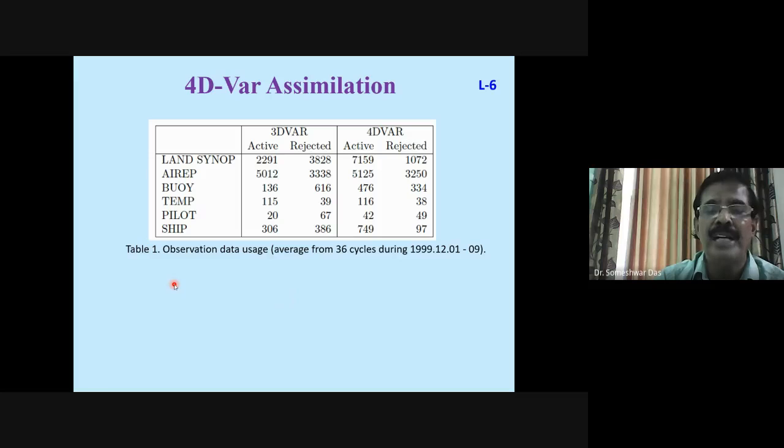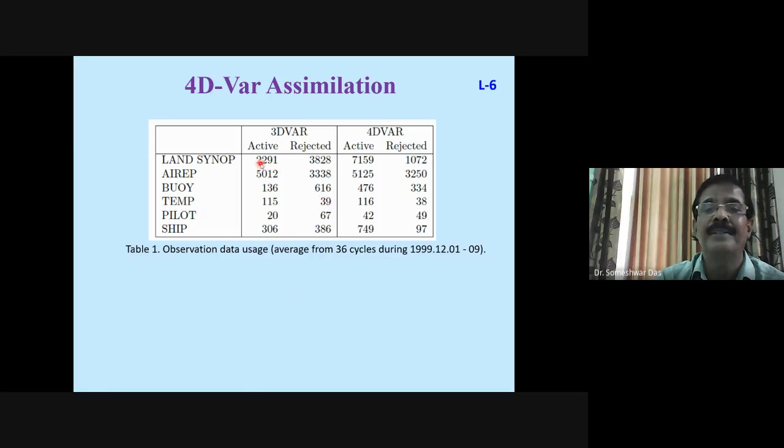And people found, with their experience, like in 3D VAR, I told you that every day statistics are made of how many observations were received at the NWP center, how many were rejected, and how many were assimilated. So you have a list of observations which were actively used and which were rejected.